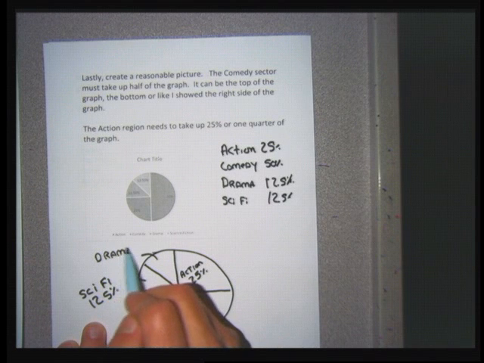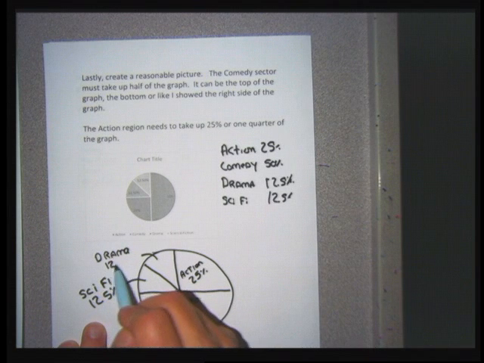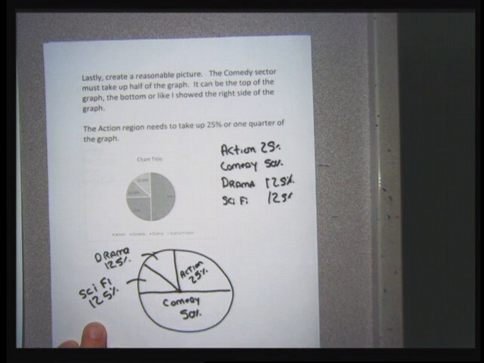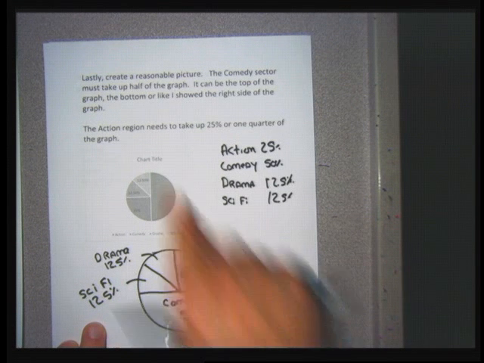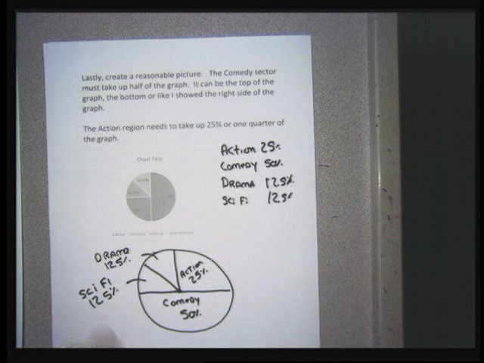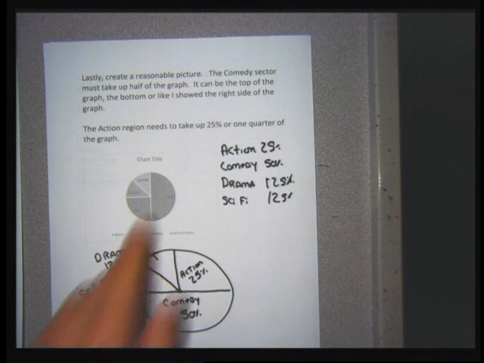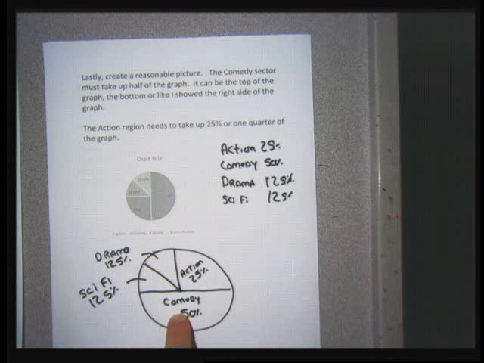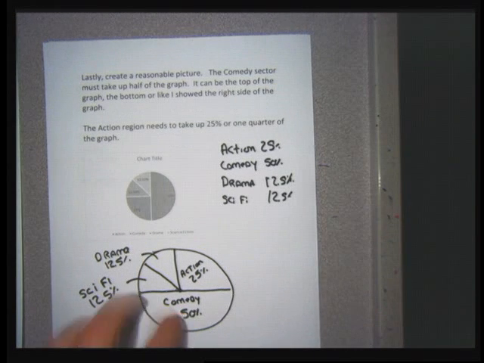So this is my representation of what Excel did. You'll notice that in Excel, 50% is here, 25% is there. There isn't, as near as I know, an incorrect or correct way to cut the circle up. The sizes have to be right. So 50% has to be half the circle, but it doesn't matter where you put that 50%.